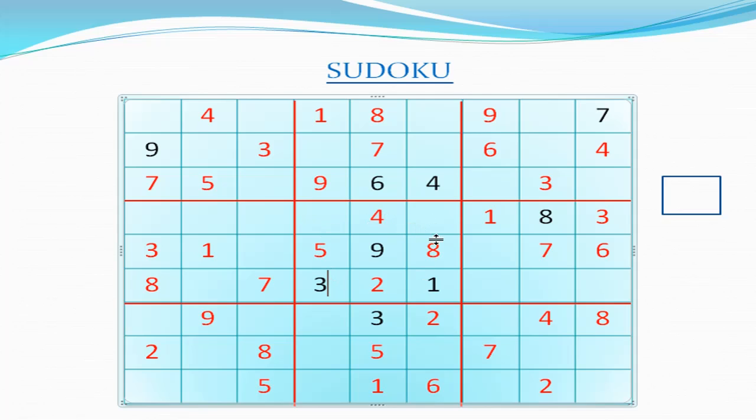So in this block, we have 1, 2, 3, 4, 5, and 6, 7 are missing. I'll try to place them, 6 and 7 in these 2 tiles. Okay, I'll first try for 6 in this tile. So I cannot place 6 here. Tell me why? Yes, in this column, if you see, at the end you see 6. So you cannot. In this column already we have 1 6. We cannot place one more. So we cannot place it here.